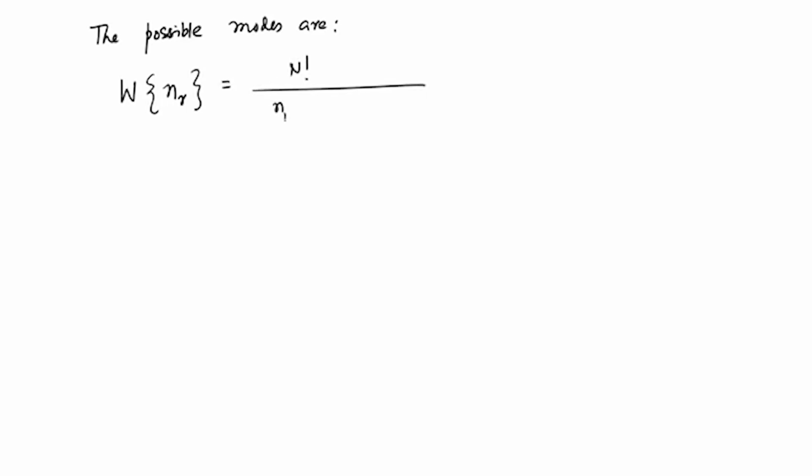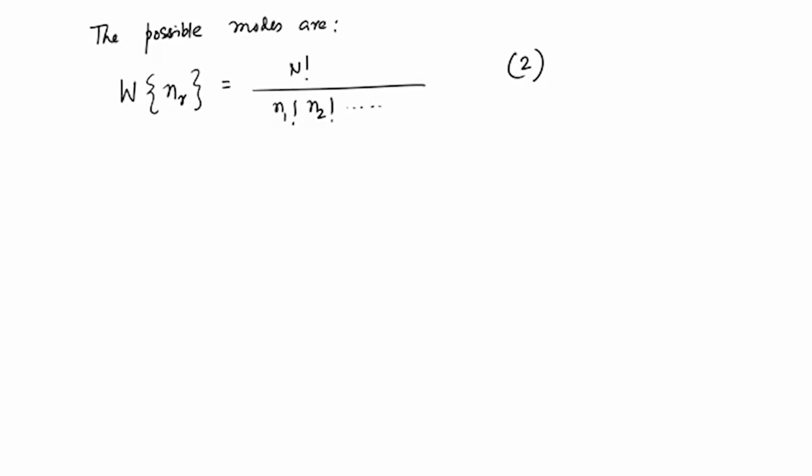So, we have N1 factorial, N2 factorial and so on. So, these are the different possible distributions, or possible modes, of assigning particles to different energy levels. Now, all these modes or possibilities are equally likely to occur.